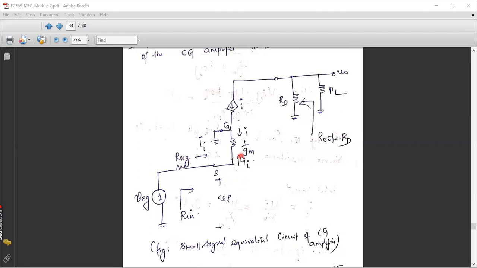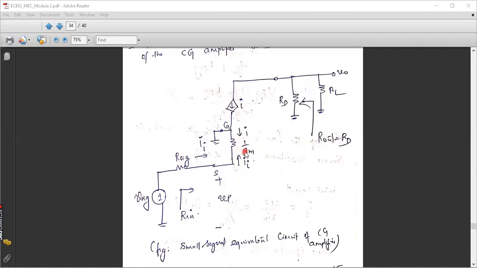You should know how to draw the small signal equivalent circuit based upon our rules: shorting the capacitance, deactivating all the DC components, then adding a dependent current source, and replacing the conventional current source with a resistance 1 by Gm. Because voltage by current is nothing but resistance, and resistance is the reciprocal of conductance.